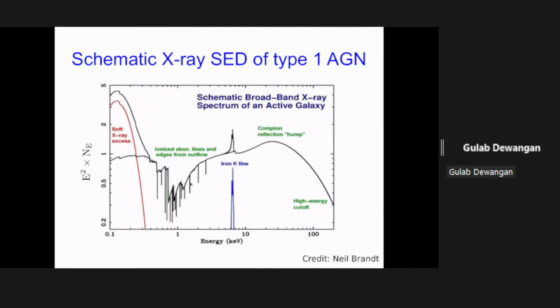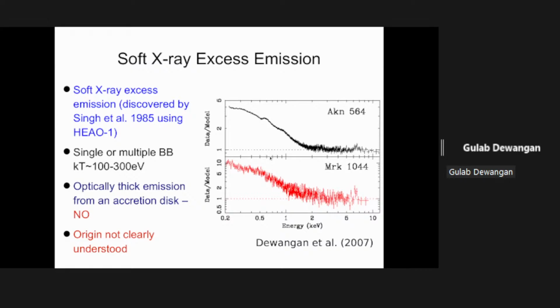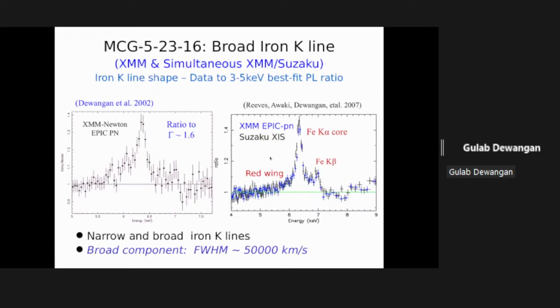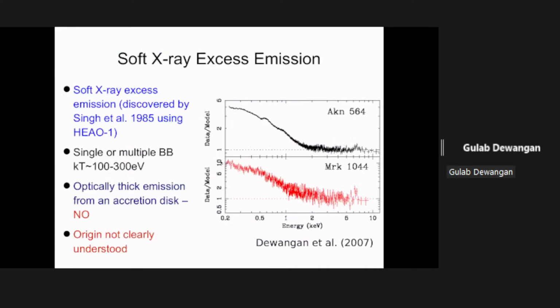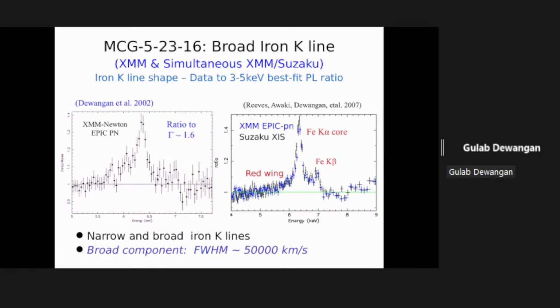Okay, so we discussed these absorption characteristics. We have also discussed the dominating power law, and now let's discuss the iron K alpha line and the reflection hump. I'll skip the soft excess part. If you look at the K alpha line in observations, it looks something like this.